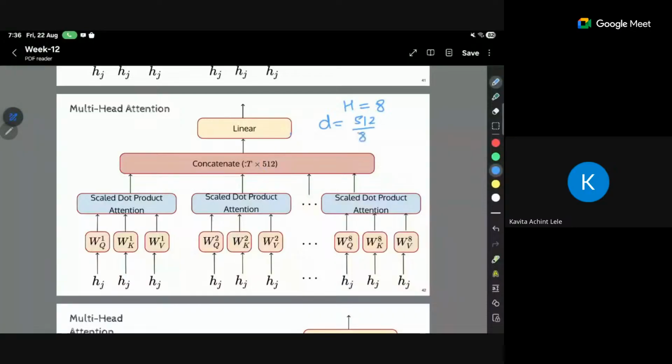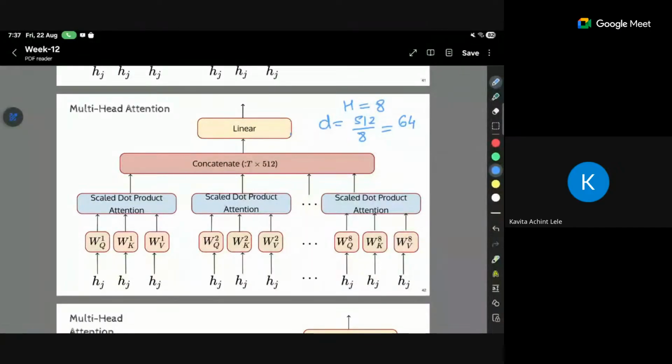If I divide it by 8, I'll get, I guess, 64, right? Yes, it is 64. So I got 64 using that.